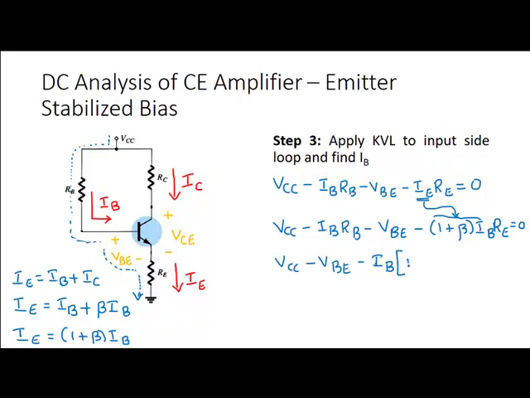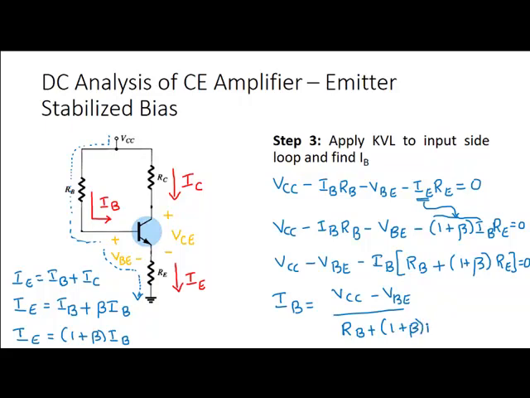So what is left is RB plus 1 plus beta times RE. This equal to 0. So I'll get the expression for IB, which is VCC minus VBE divided by RB plus 1 plus beta times RE.